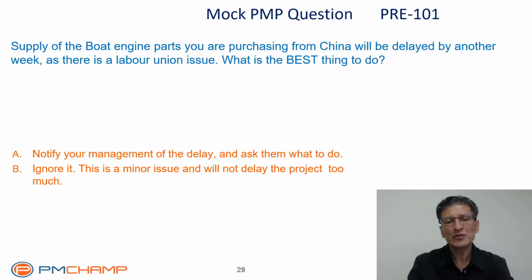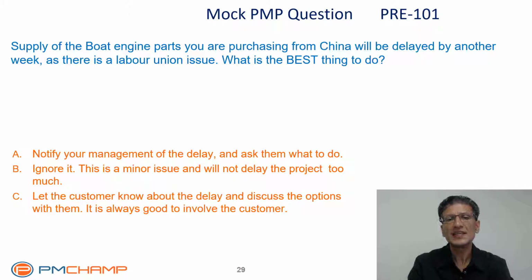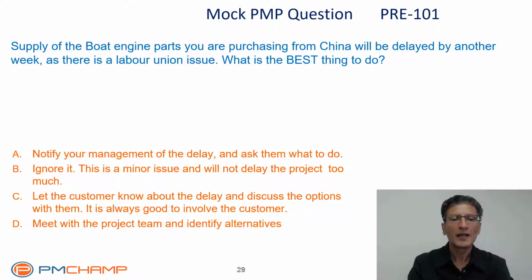This is a minor issue and will not delay the project too much. C. Let the customer know about the delay and discuss the options with them. It is always good to involve the customer. D. Meet with the project team and identify alternatives. So make a quick choice.